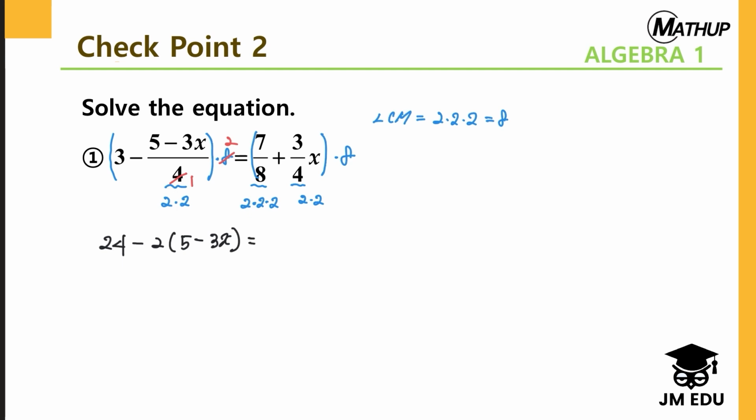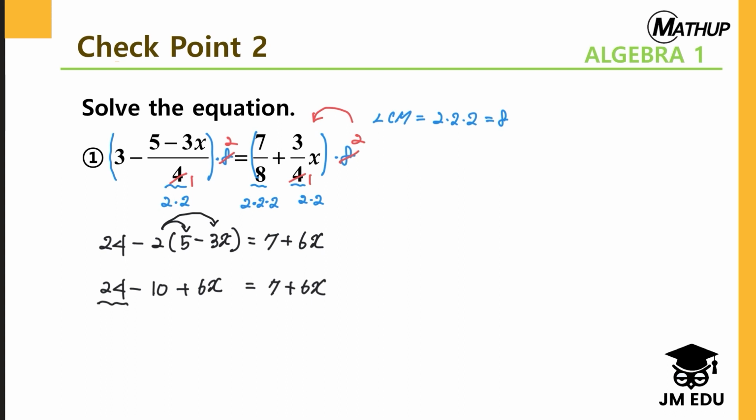And this one is equal to, 8 times 7 over 8, that's just 7, plus, here, 4 times 1, 4 times 2. So 2 times 3x, that's going to be positive 6x. So we have 24 minus 2 times 5, 10, and minus 2 times minus 3x, that's plus 6x. It's equal to 7 plus 6x, right?